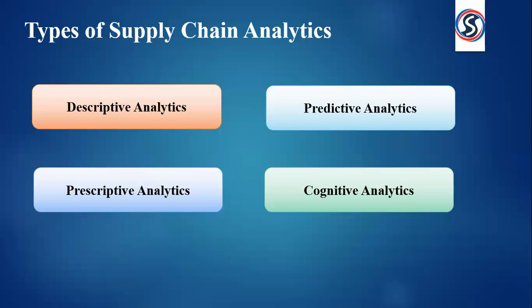So, if I talk about a few examples of supply chain analytics, the first is demand planning. Demand planning is nothing but using historical data and other factors to predict what customers will order. Okay, so this is your demand planning. The second example is sales and operations planning.